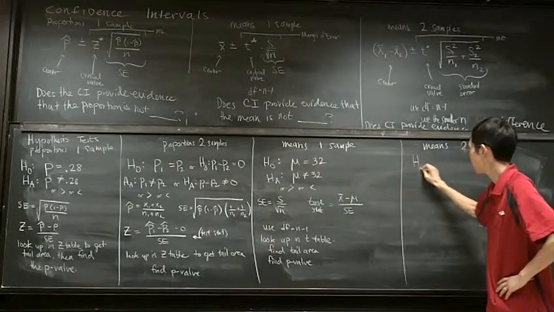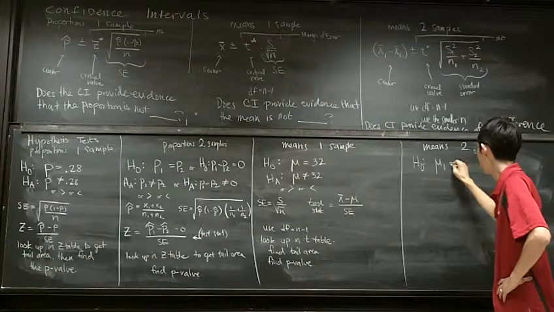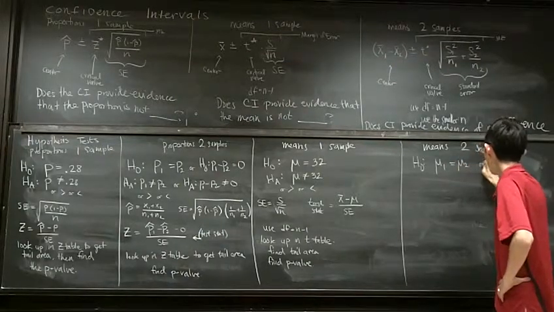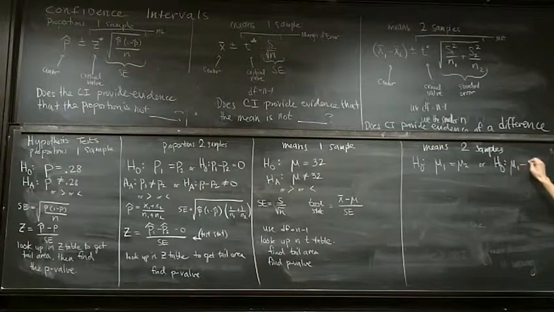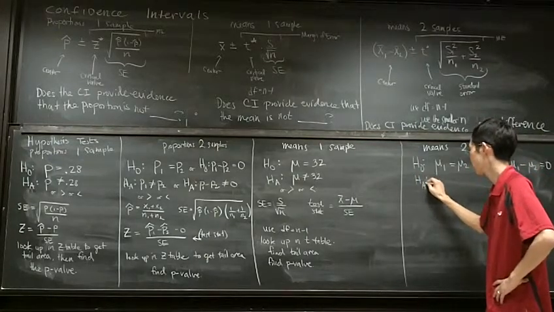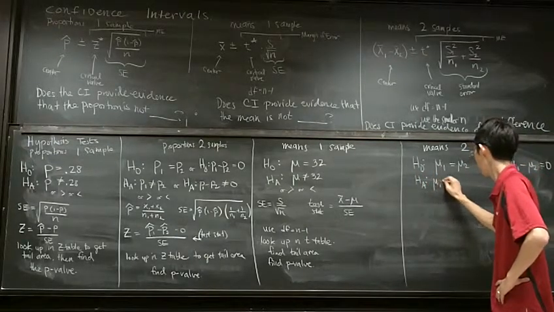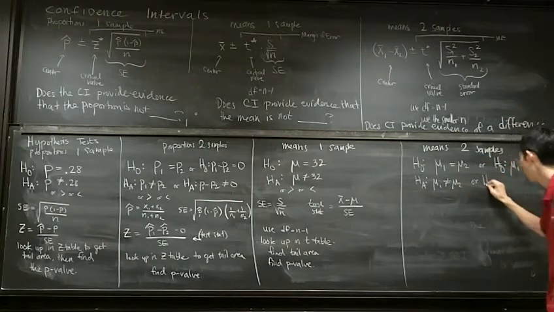Okay, and means of two samples. Mu1 equals mu2, which can also be written as mu1 minus mu2 equals 0. The alternative, mu1 doesn't equal mu2, or greater or less than.